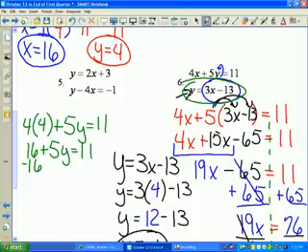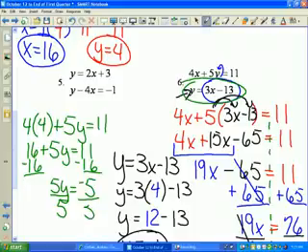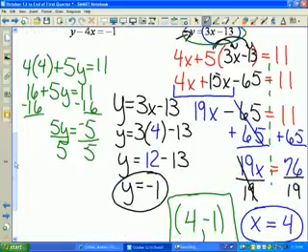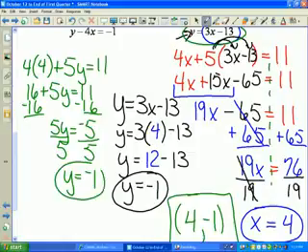Then I would subtract 16 on both sides. Then I have my 5y equals negative 5. Then divide both sides by 5. And I will come up with y equals negative 1.